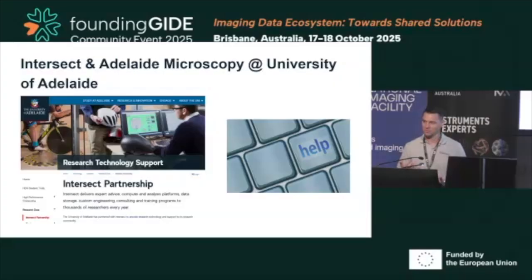We have 10 member universities who pay an annual membership, and what they receive for that is a digital research skills training program, a 15-day training program rolled out across the year from a catalogue of about 45 to 50 different courses, and also a full-time digital research analyst based at the university that facilitates the training program throughout the year and provides support to researchers and research staff like Bryant.